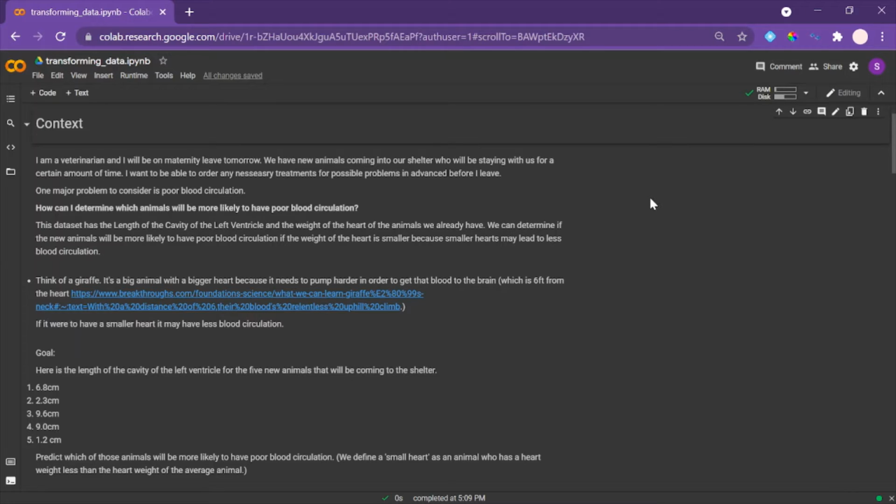So one major problem to consider is poor blood circulation. So how can I determine which animals will be more likely to have poor blood circulation? Well, this data set again has the length of the cavity of the left ventricle and the weight of the heart of the animals we already have. We can determine if the new animals will be more likely to have poor blood circulation if the weight of the heart is smaller, because smaller hearts may lead to less blood circulation.